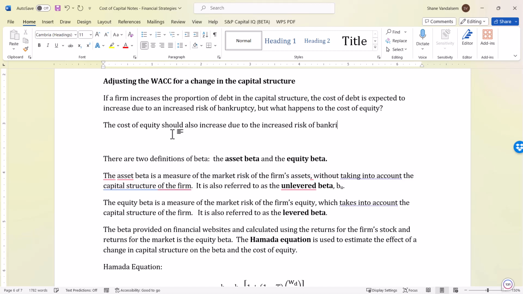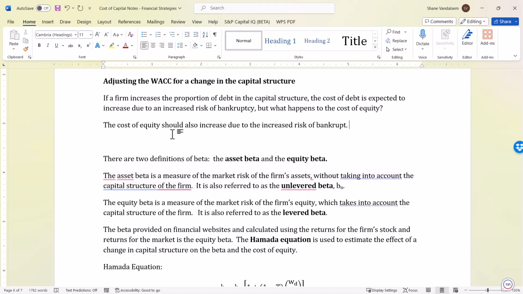Because if the company goes bankrupt, then the stockholders often don't get anything. So an increased cost of bankruptcy can result in an increase in the likelihood of a loss for the stockholders. And so we want to show that in the cost of equity, or the required rate of return for equity.